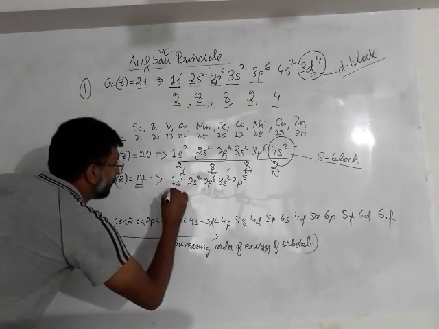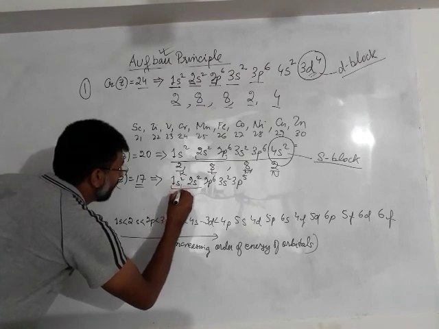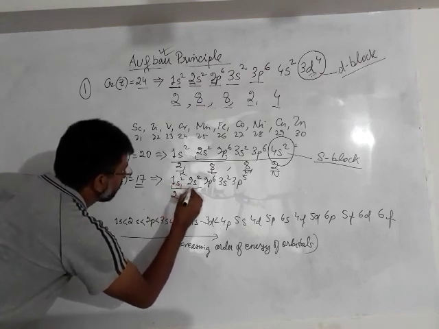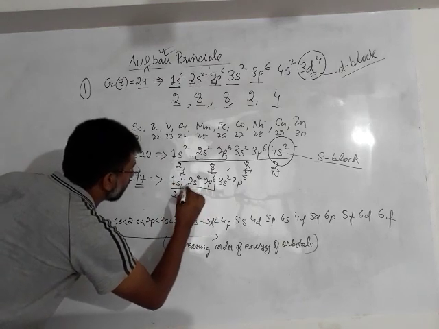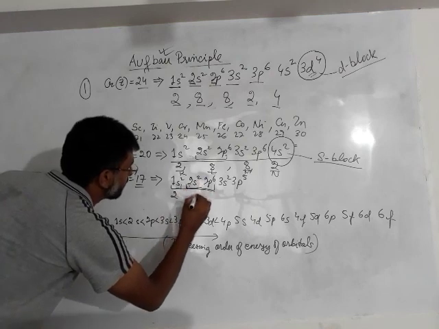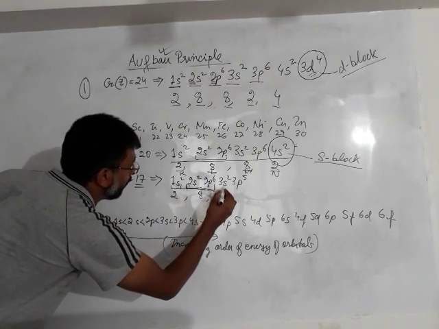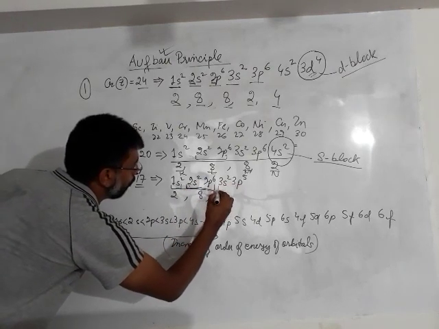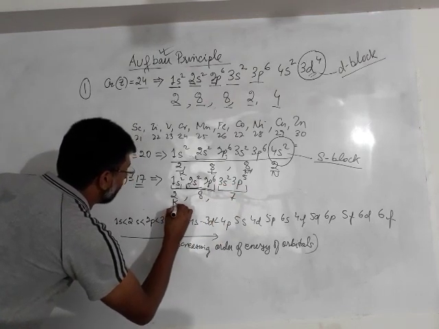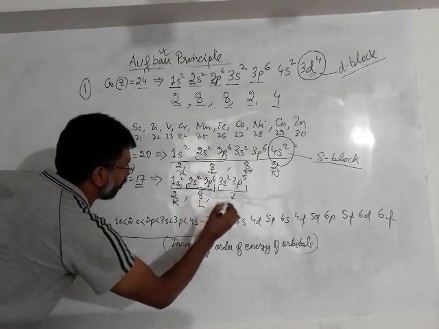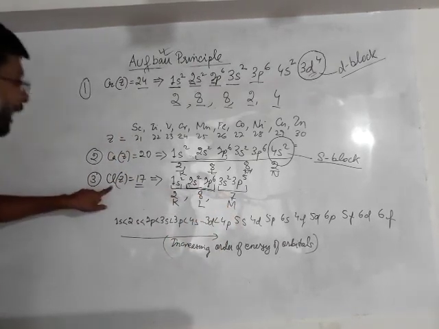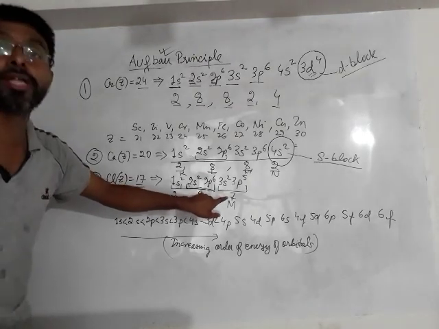If I group these, 2s and 2p have the same number 2, so 2 plus 6 is 8. Then 3s2, 3p5: 2 plus 5 is 7. So the K shell has 2 electrons, the L shell 8 electrons, and the M shell 7 electrons.